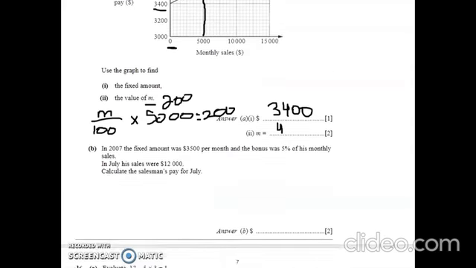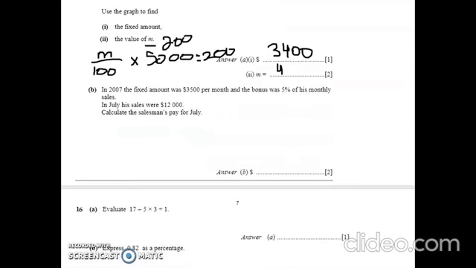Okay. In 2007, the fixed amount was 3,500 per month and the bonus was 5% of his monthly sales. In July, his sales were 12,000. Calculate the salesman's pay for July.